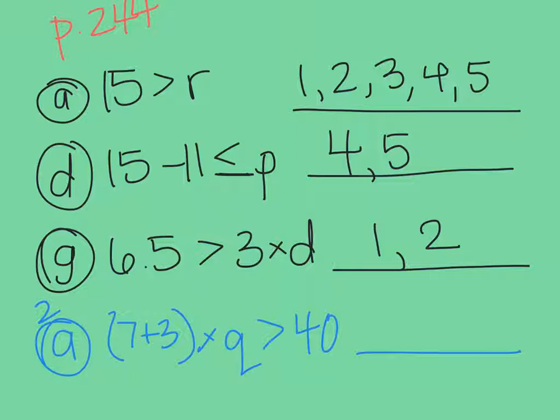Just doing some math first, we know that 7 plus 3 is 10, so 10 times Q is greater than 40. If I said 10 times 1 is greater than 40, that would not be true, so 1 would not work. If I said 10 times 2 is greater than 40, that would not work. 3 would not work. So you can kind of see the pattern here. We're just picking what would not work, what our variable would not represent.